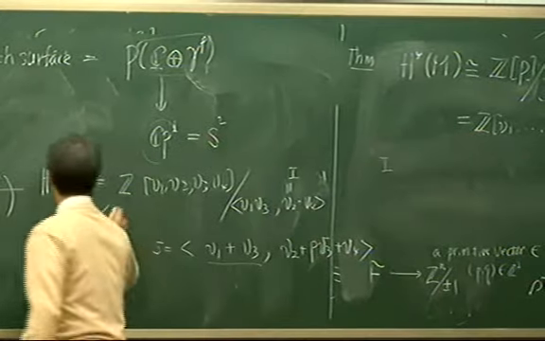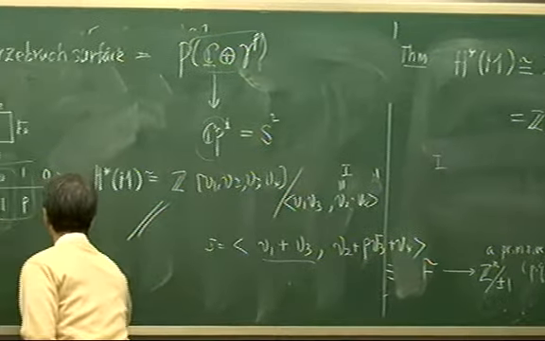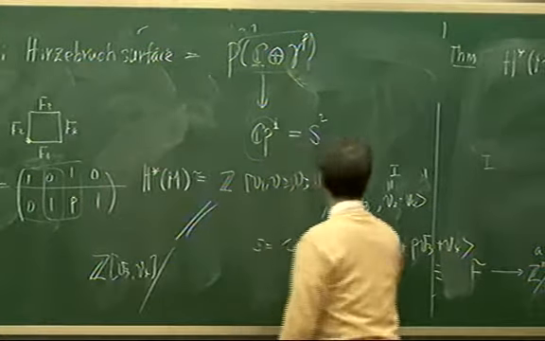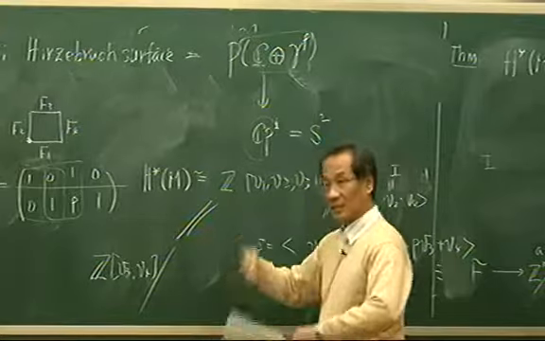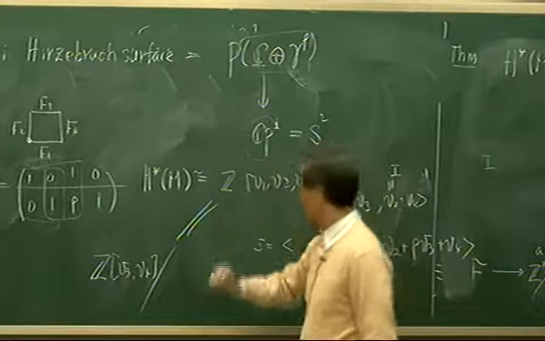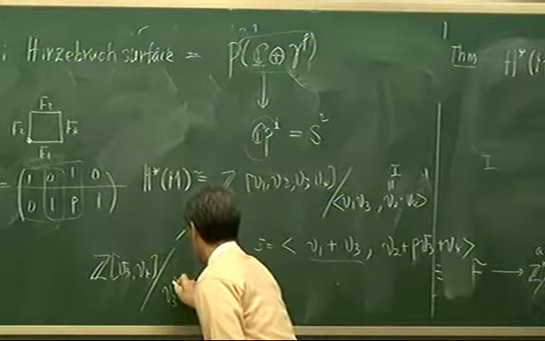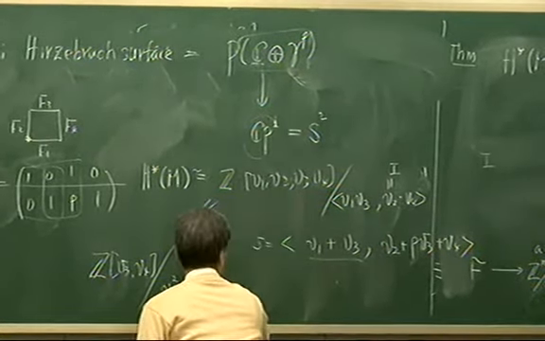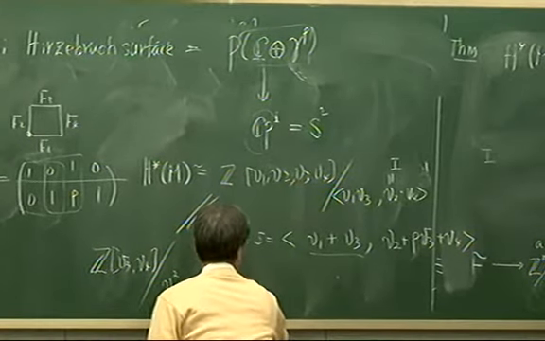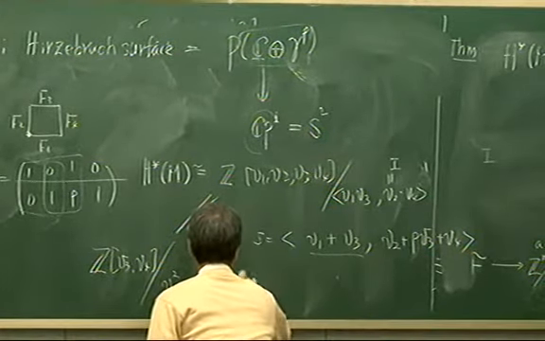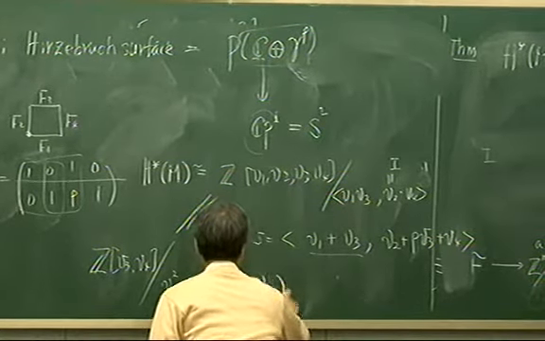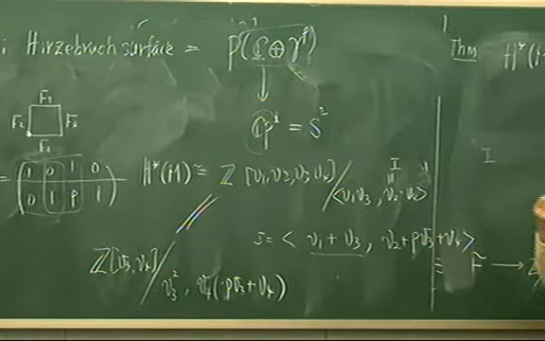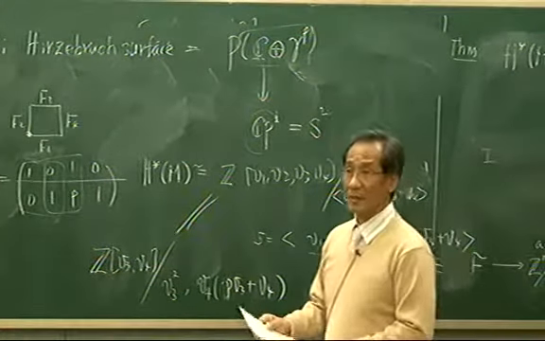So this one is the same as Z of V3 and V4, with V3 squared and V4 squared plus PV3 V4. So this is the cohomology ring of the Hirzebruch surface. You can completely calculate this cohomology.